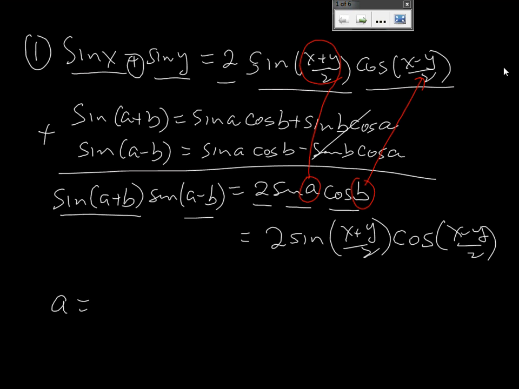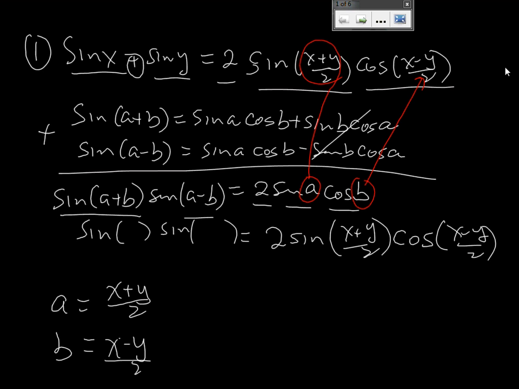I'm letting A equal x plus y over 2 and B is equal to x minus y over 2. All I have to do is write A plus B in terms of x and y and A minus B in terms of x and y. And hopefully A plus B will be x and A minus B will be y.